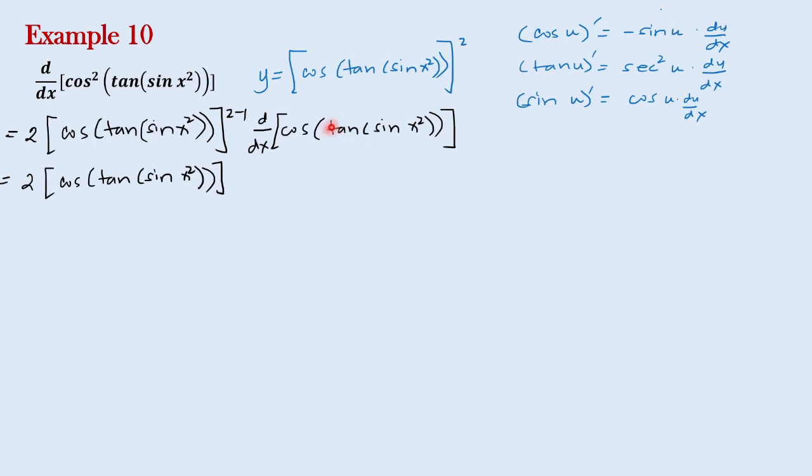In this case, we are letting u as tangent sine x squared. So the derivative of cosine is negative sine. So I would be having negative sine. And since this is our u, let's just copy this. So tangent of sine x squared. And then we need to get the derivative of the inside function.